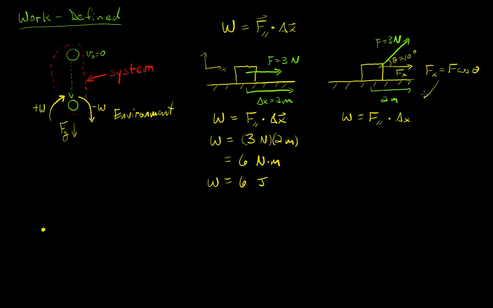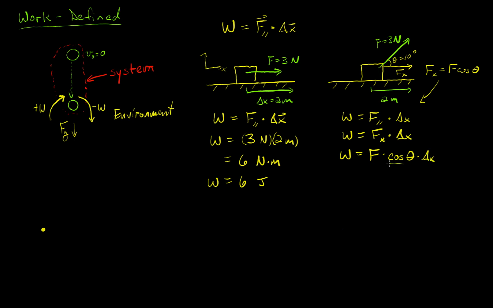Now I'm going to substitute that in here. So we get work is going to be the force in the x direction times the displacement in the x direction. And then we just said Fx is going to be the force times cosine theta times the displacement.